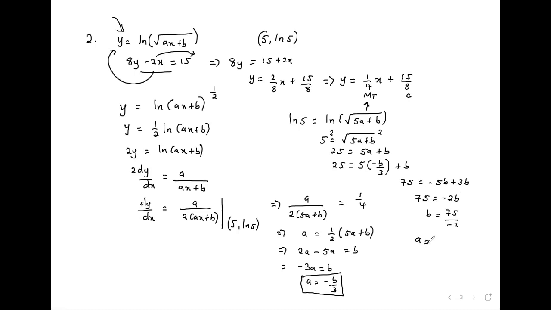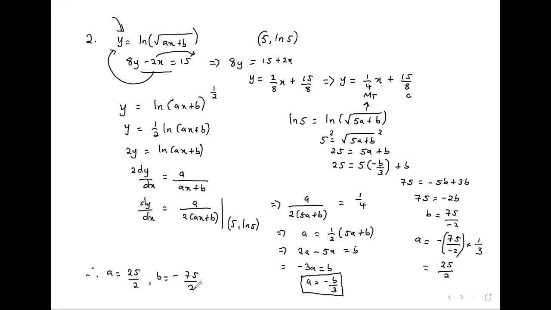So that a is negative 75 over negative 2, everything over 3, which is the same as that. So we get positive 25 over 2. So we have found a is 25 over 2, b is negative 75 over 2.